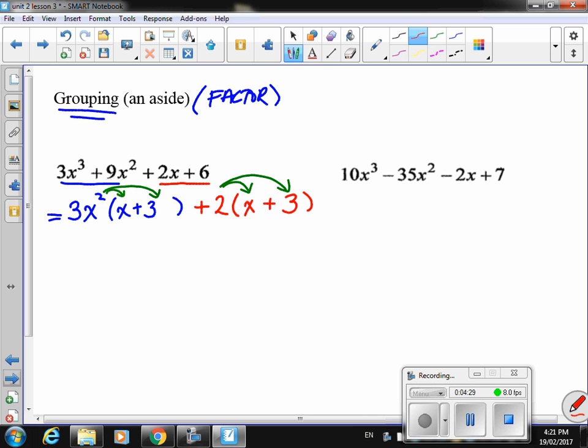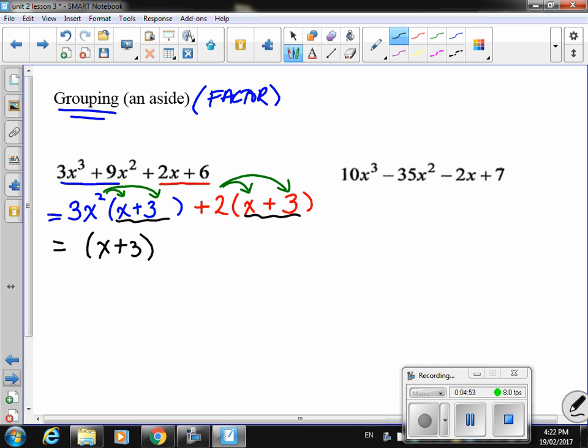I have factored the first half and the second half separately, and then I look and say, can I find a common factor in both of these two terms that's the same? Yes. Just like the last question, I have a common factor of x plus 3 here for this term, and here for this term.